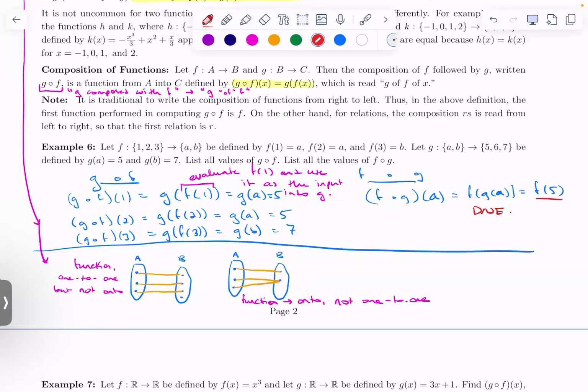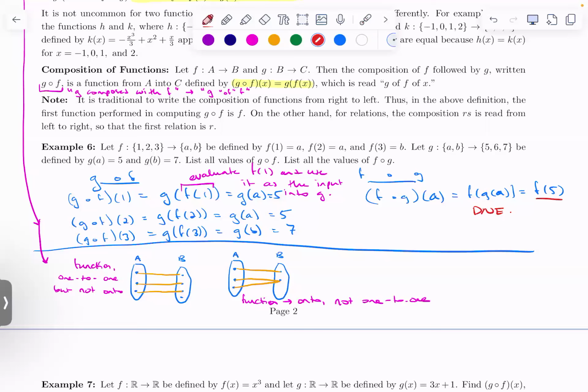So here, that means that g composed with f is not the same as f composed with g. We're no strangers to that type of situation. We know that the matrix product A times B is not the same as B times A. We've seen that before, and so it's kind of the same situation.